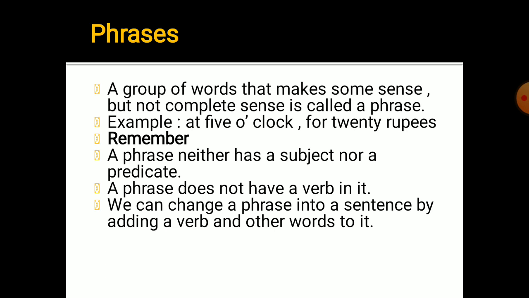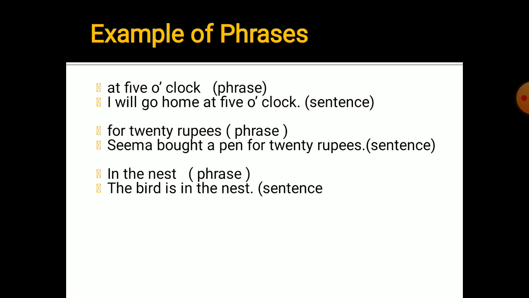A phrase does not have a verb in it. We can change a phrase into a sentence by adding a verb and other words to it. When we add subject or when we add verb to a phrase, then it becomes a complete or meaningful sentence.